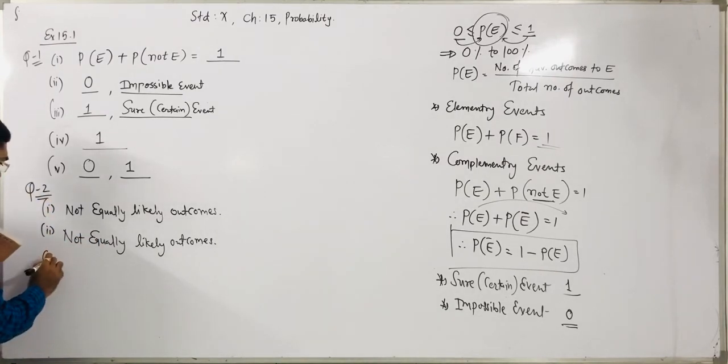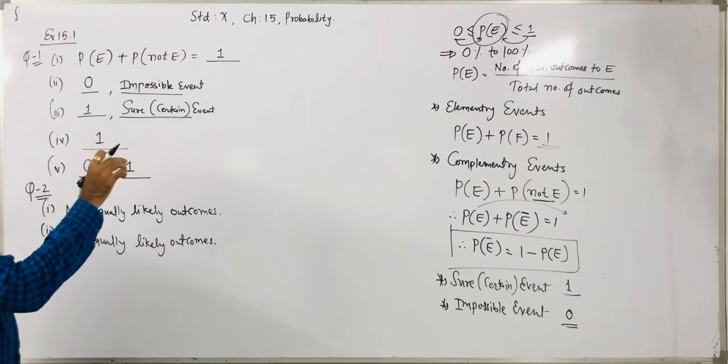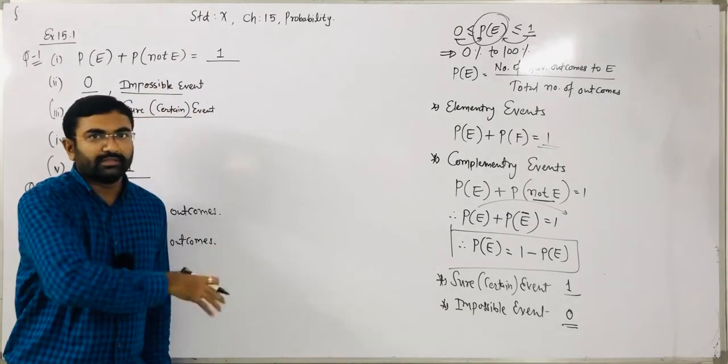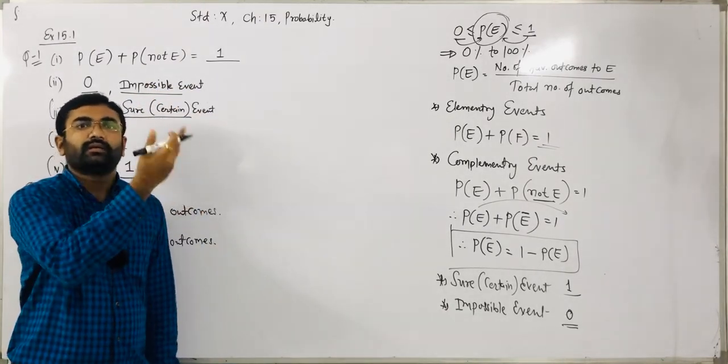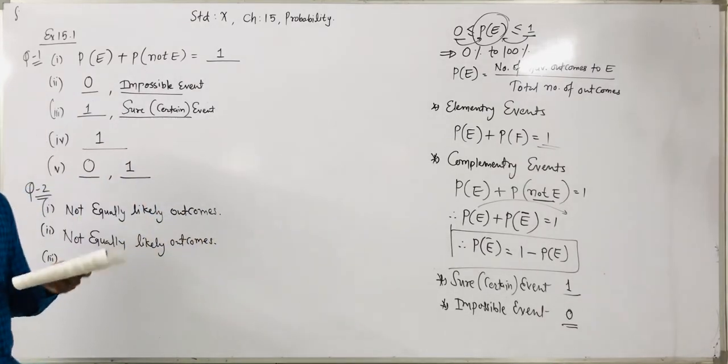Now question number 3: a trial is made to answer a true-false question. If you are given a question that may be true or false, there are 2 chances: the answer is right or wrong.